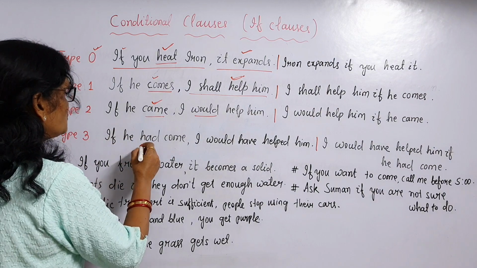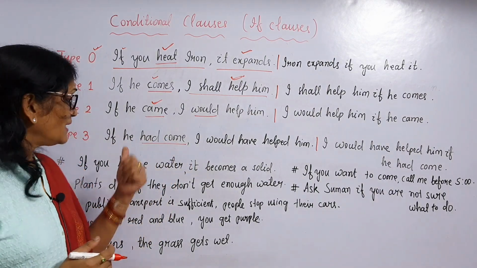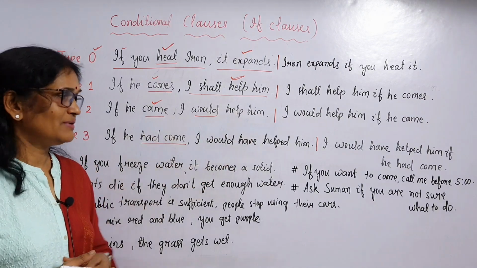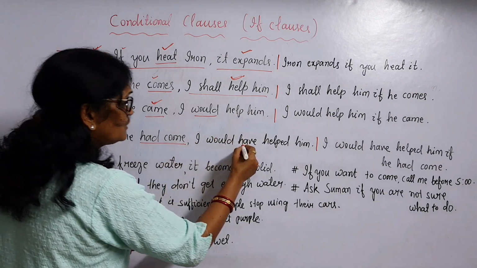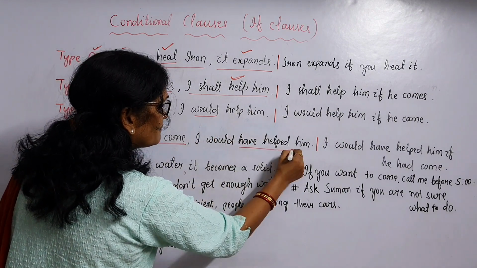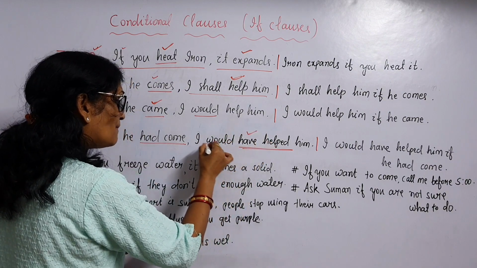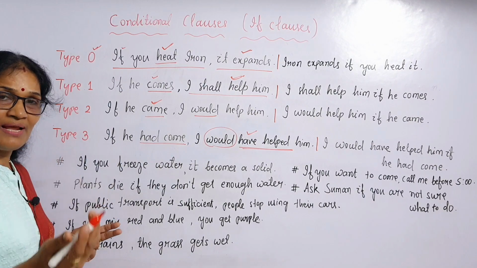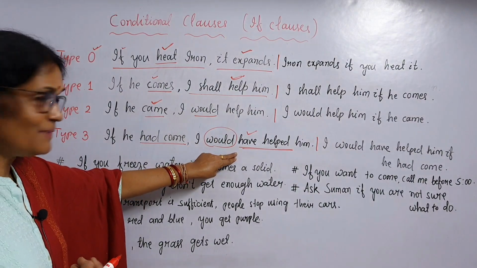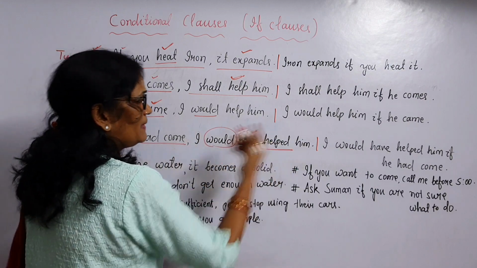Here we use had come, past perfect. As it is past perfect, the main clause also uses the perfect, have helped, and a past modal must be used: would have helped, might have helped, should have helped. So, if he had come, I would have helped him.